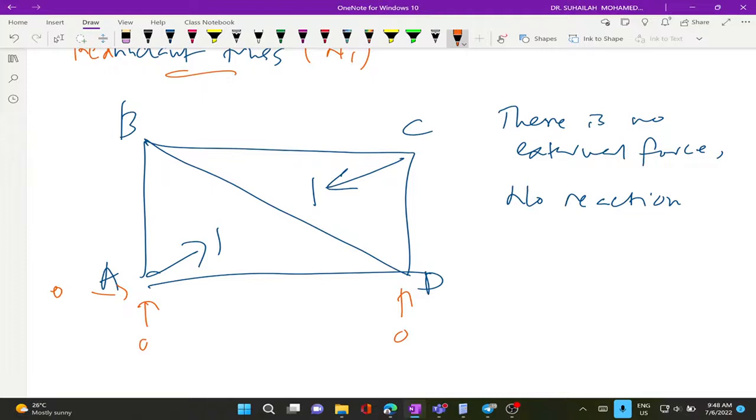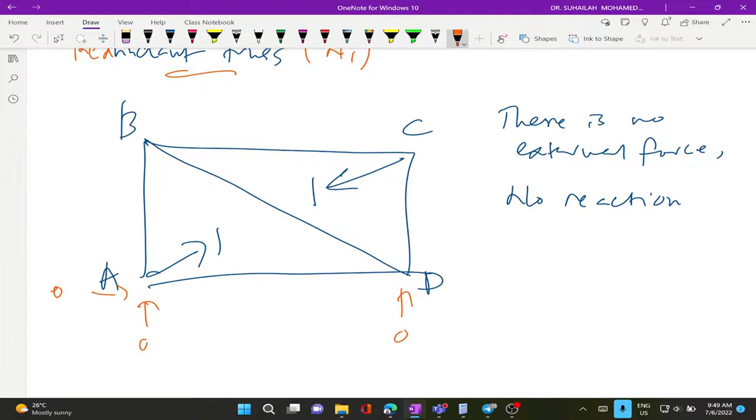So to calculate the member forces N1 in this truss, we have to do some steps, including balancing. We have to resolve first and then balance, and then find the value using trigonometry.